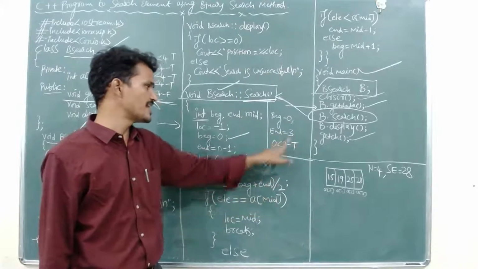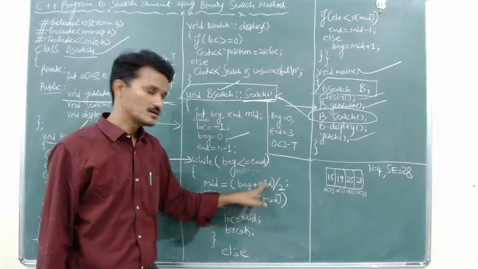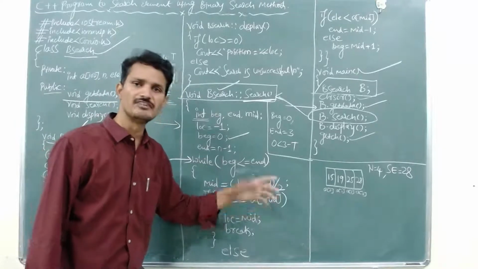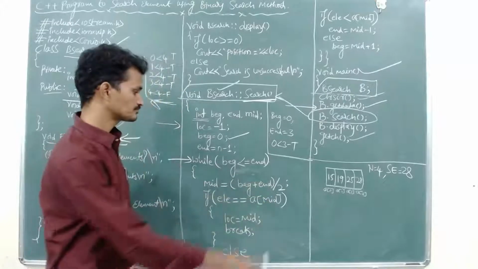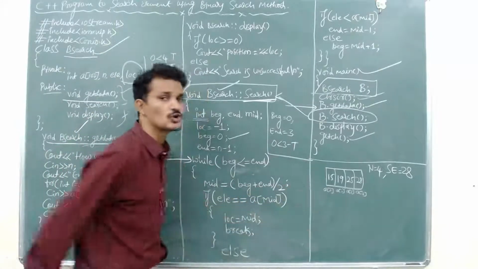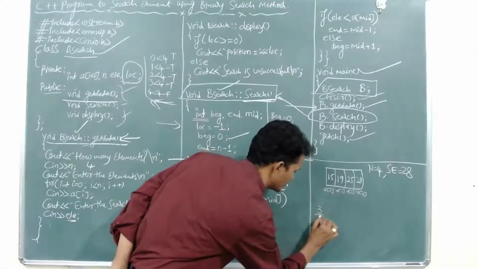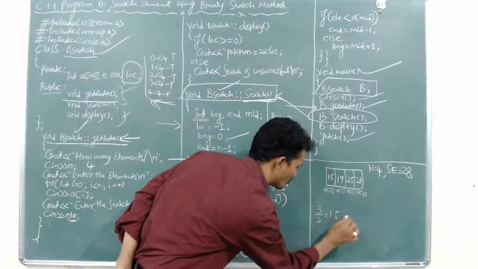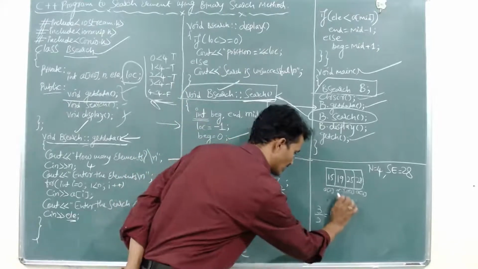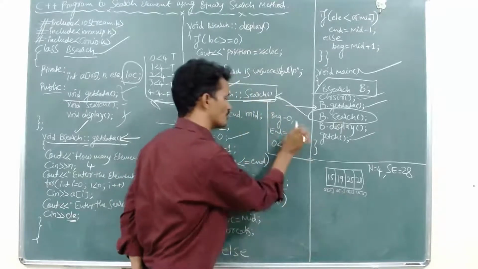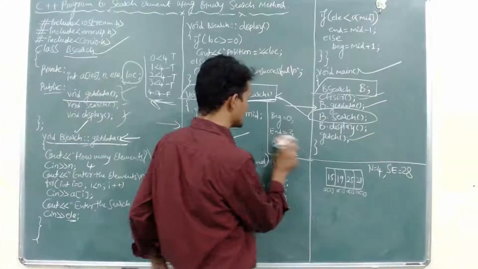What is the value of end? 3. 0 plus 3 will be 3 only. 3 divided by 2 will give the answer 1.5. I am considering only the integer part, that is 1. Then 1 is assigned to mid.